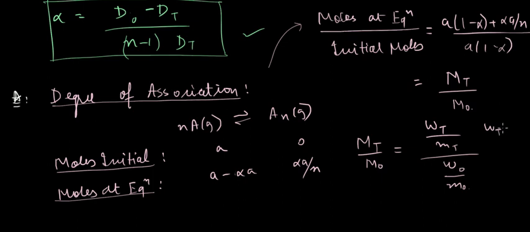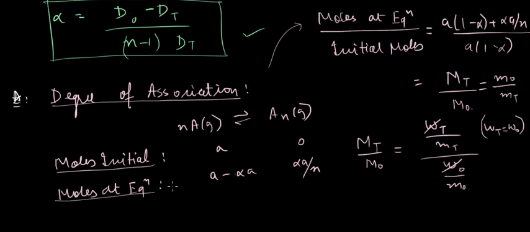And we know W2 is equal to W0 because of the law of conservation of mass: whatever mass is in the mixture at equilibrium must have come from the initial mass of reactants. So cancel it out, and we can write it as M0 upon MT, the molar mass of reactant divided by the observed molar mass of mixture. MT represents the molar mass of mixture.